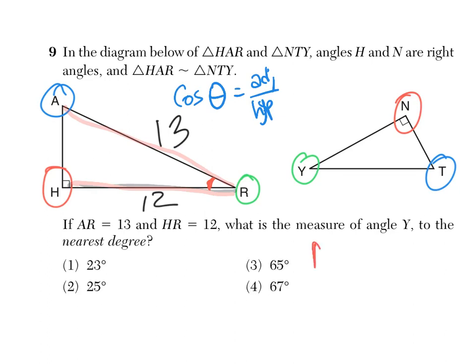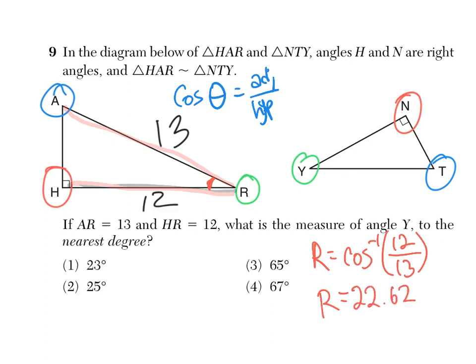So angle R equals the inverse of cosine times the adjacent over the hypotenuse. And I can see that the adjacent is 12. The hypotenuse is 13. And when we plug that into our calculator, it's going to give us 22.621986.